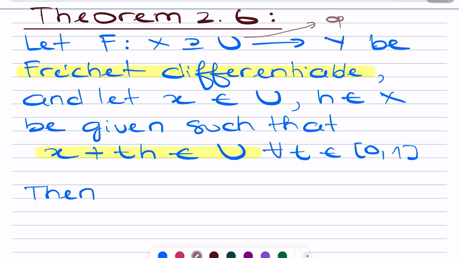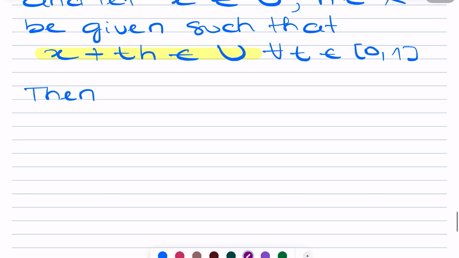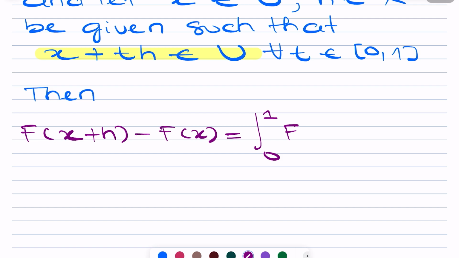So, if you have a Fréchet differentiable function, and you have an element x in U and a direction h such that x plus th is also a feasible direction, then f of x plus h minus f of x is exactly the integral from 0 to 1 of f prime of x plus th applied to h, dt.